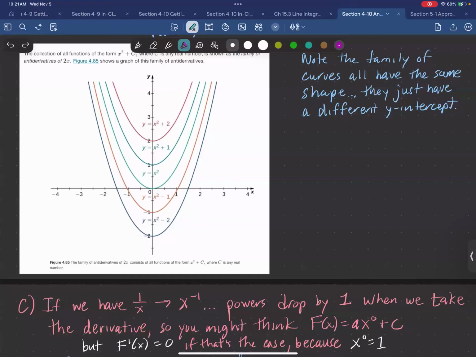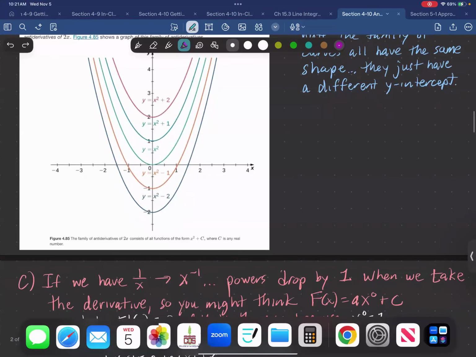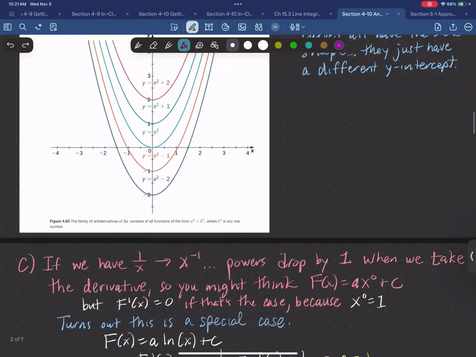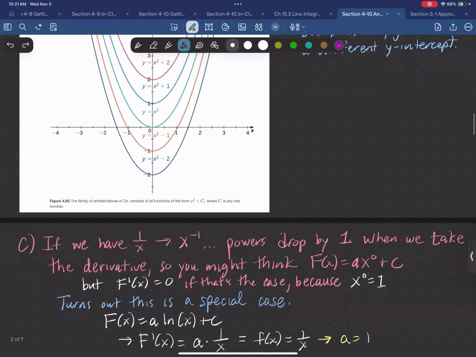So now you have to stop and think about what did give a derivative of 1 over x. This is like a special case of a polynomial. If you see 1 over x or x to the negative 1, this was actually natural log. The derivative of natural log was 1 over x. I'm going to put an a out in front because I don't know what the coefficient is.